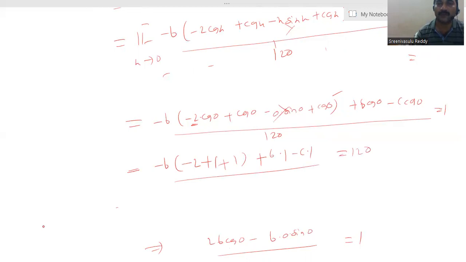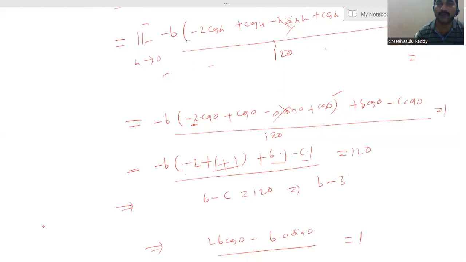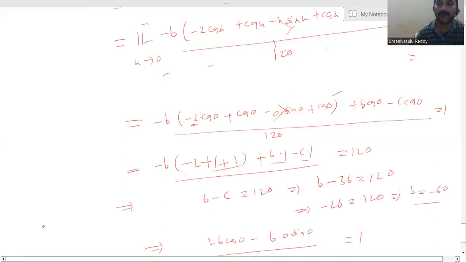Now simplify this expression. Minus b times of plus 2 minus 2, this term 0. Here b minus c. C value is equal to 120, but b minus c value is 3b equal to 120, minus 2b equal to 120. That implies b equal to minus 60.